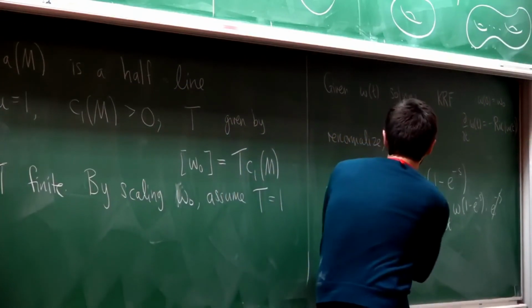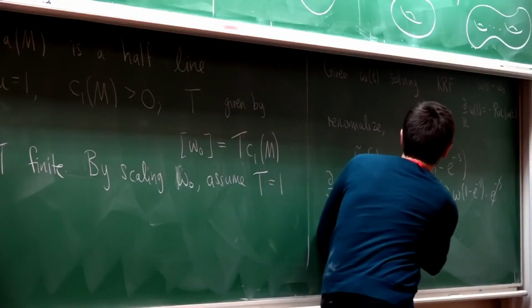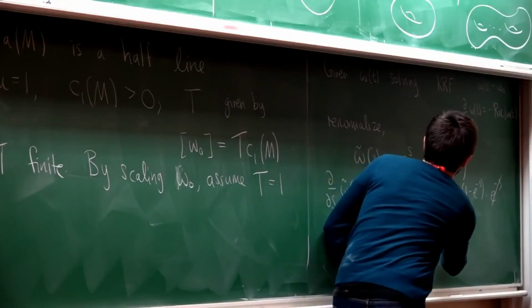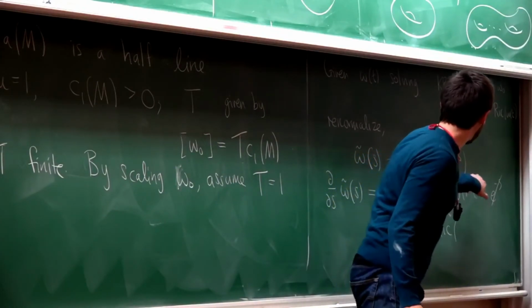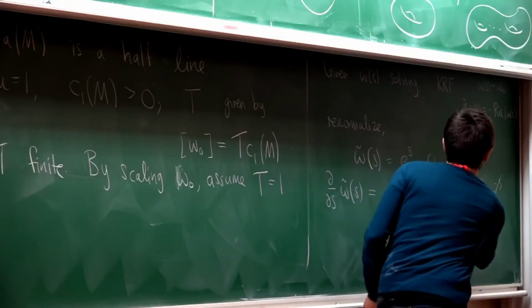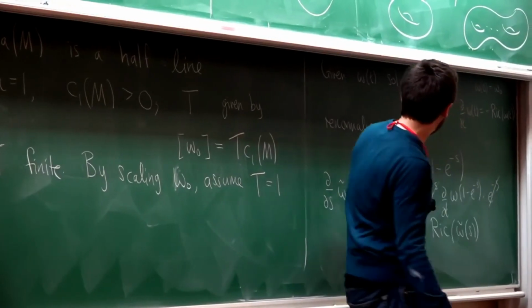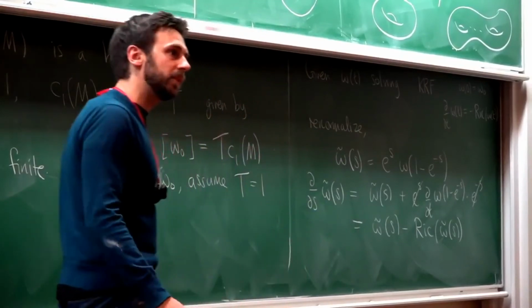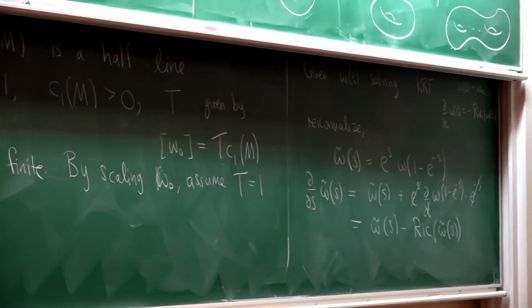But then this is nothing other than minus the Ricci curvature of this guy, which is nothing other than omega tilde, because I can ignore the scaling when I compute the Ricci curvature.